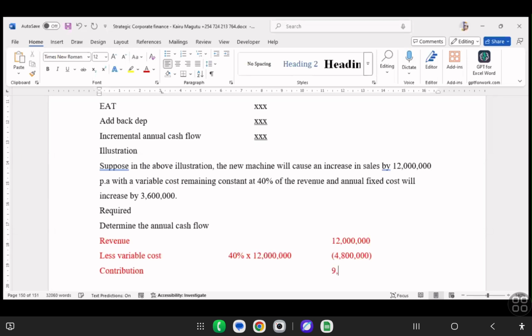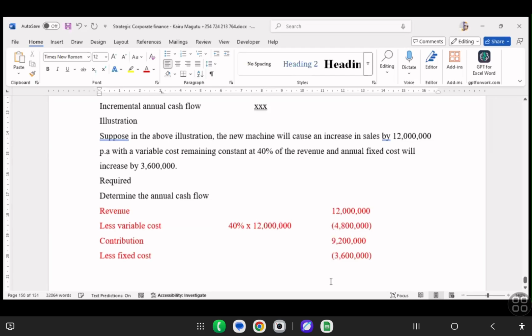Is it 9.2? Then we less fixed cost. The fixed cost is 3.6. We get earnings before depreciation and taxation.